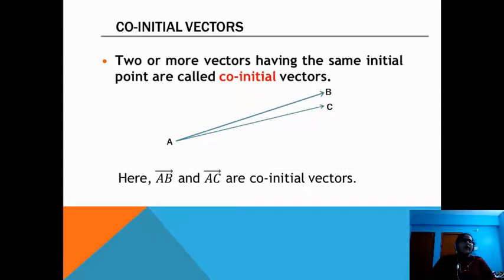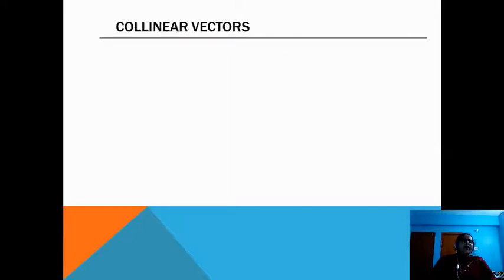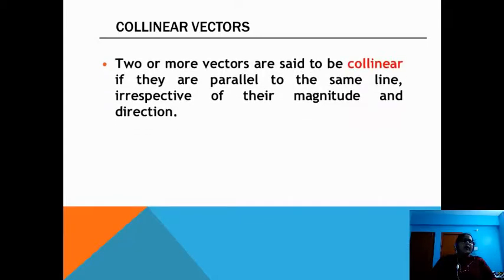And the last one in this sequence is collinear vectors, and this is a very important type of vector. What are collinear vectors? Two or more vectors are said to be collinear if they are parallel to the same line, irrespective of their magnitude and direction.